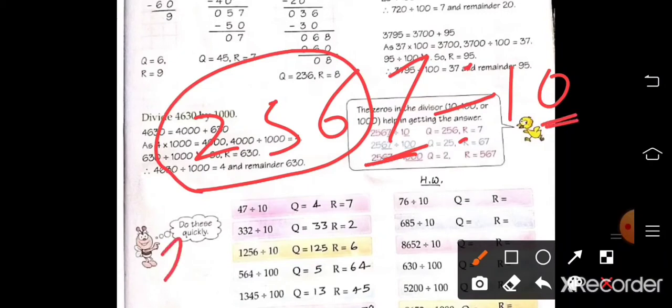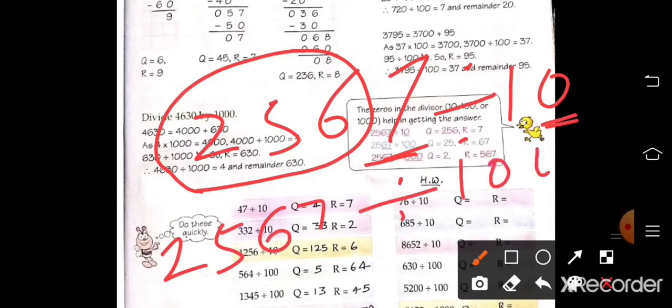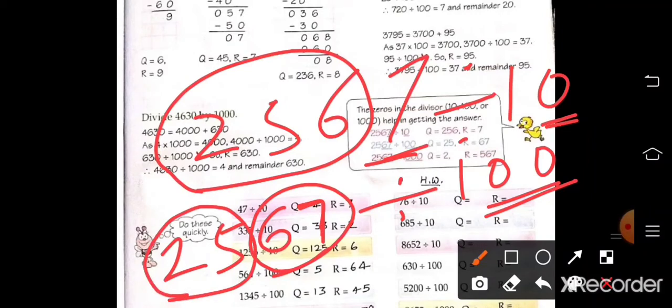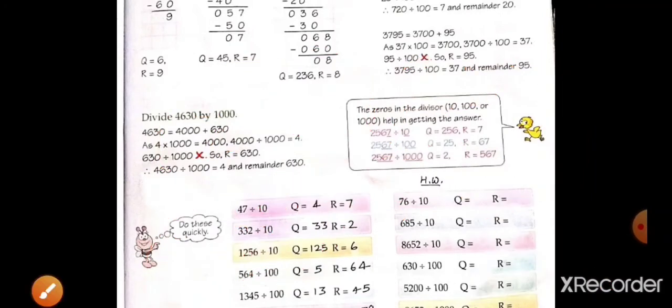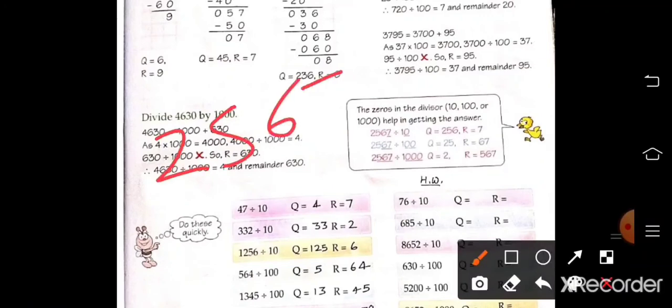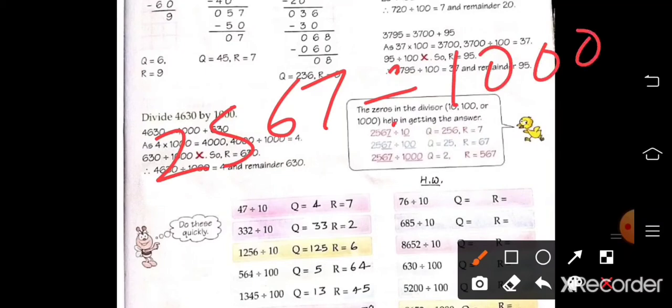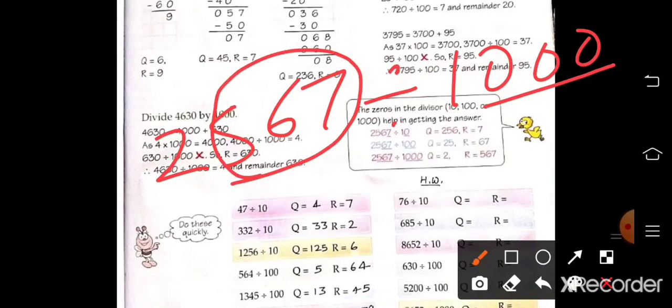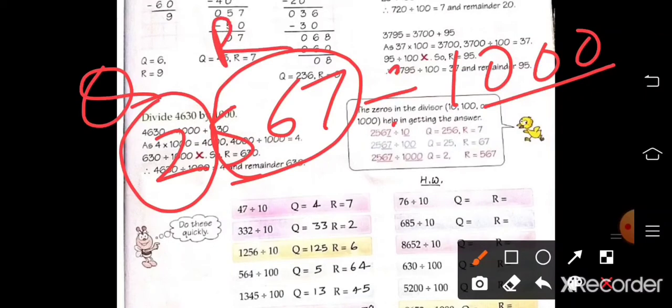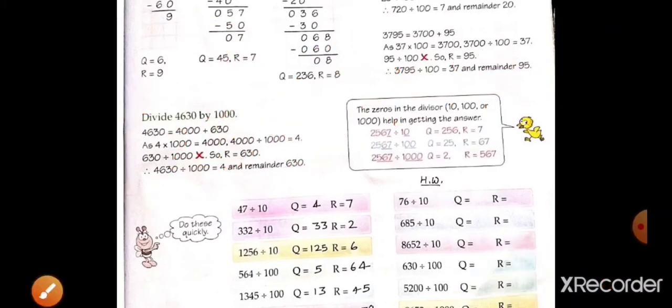Okay, now 2567 divided by 100. Here are 2 zeros, so here remainder will be the last 2 digits, and 25 will be the quotient. Okay, and same 2567 if divided by 1000. Okay, so here 3 zeros are here, so here remainder will be 567 and the quotient is 2. Okay, so like this you have to do.